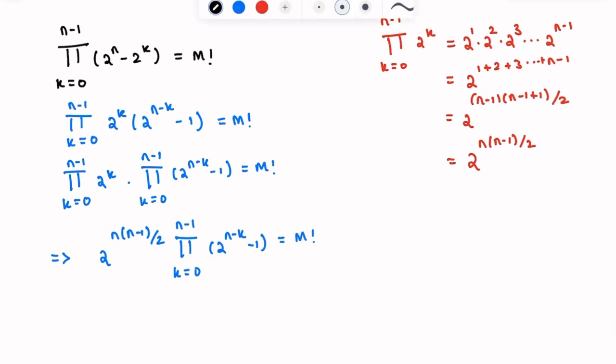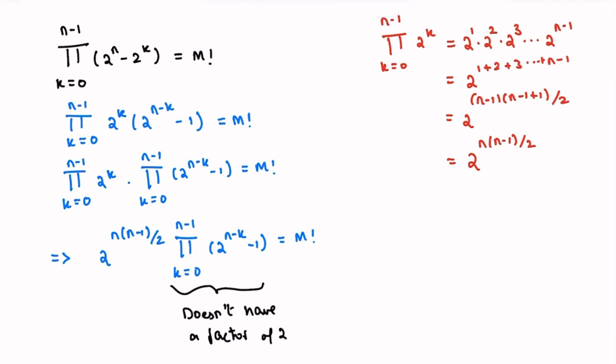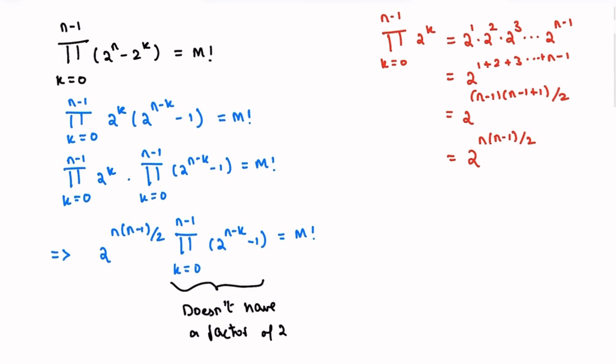Now, some important things to notice is this product here doesn't have a factor of 2. This number here is definitely odd. So what does that mean?